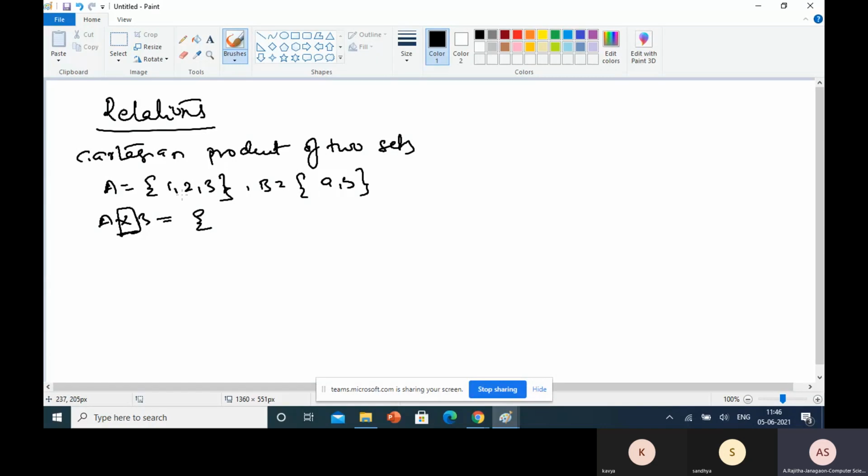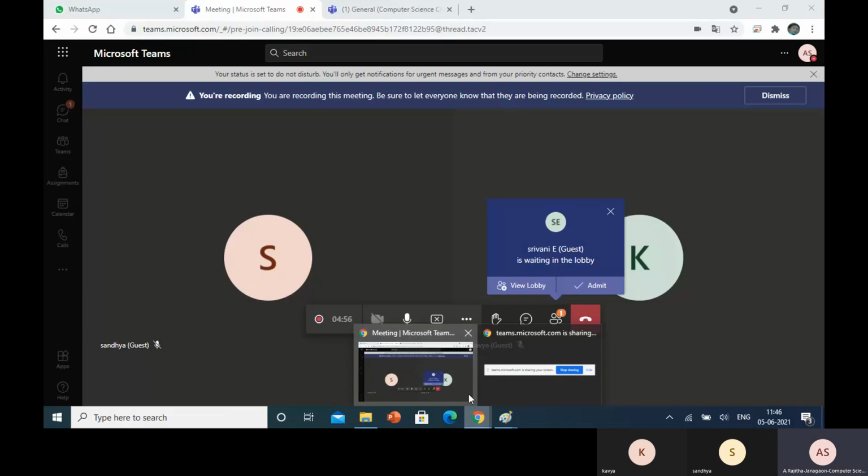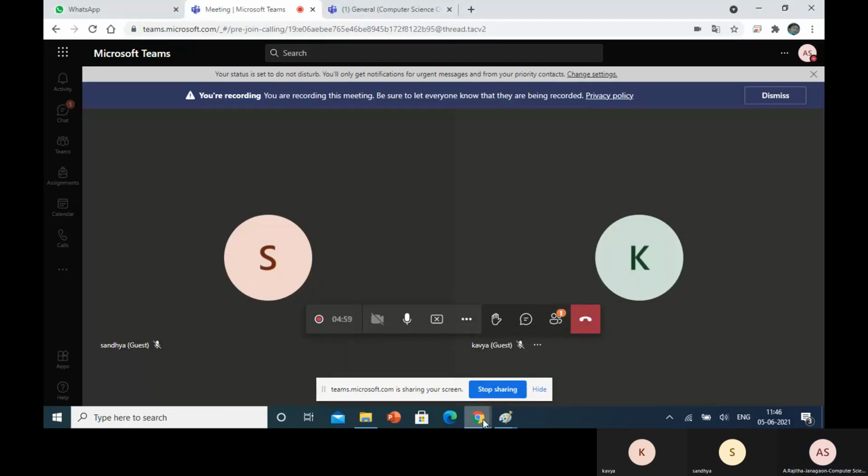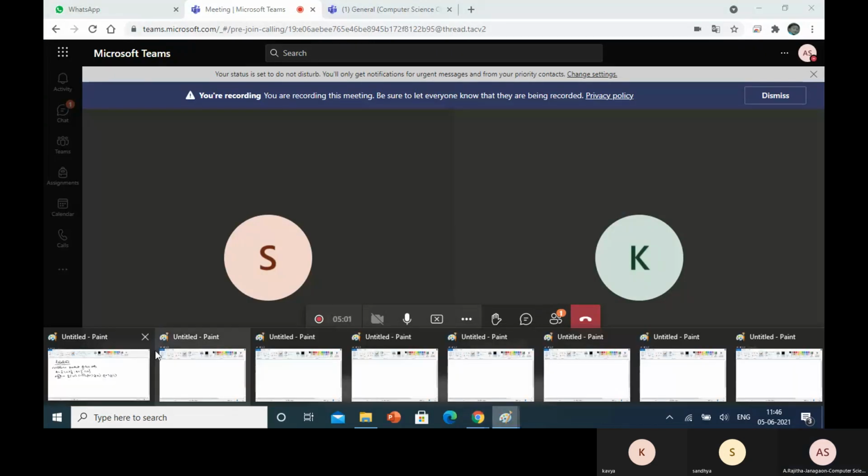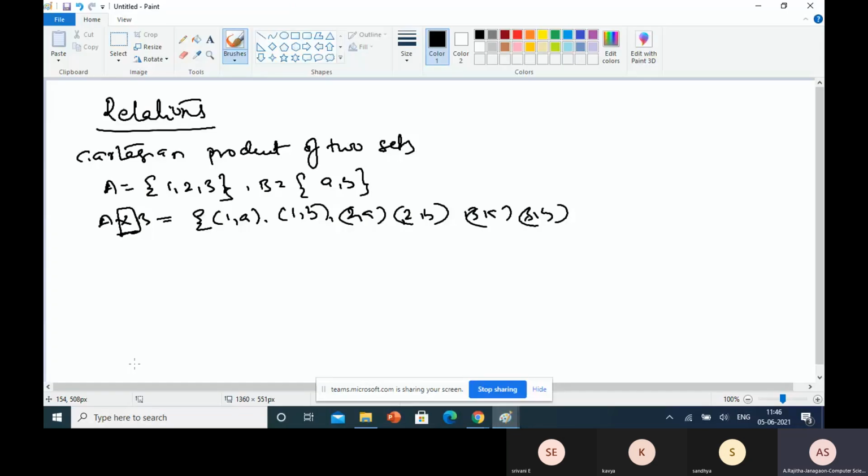That means there are pairs: 1A, 1B, next 2A, 2B, next 3A and next 3B. So this is the Cartesian product.